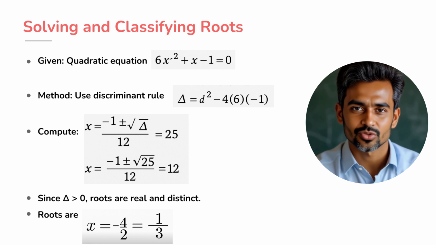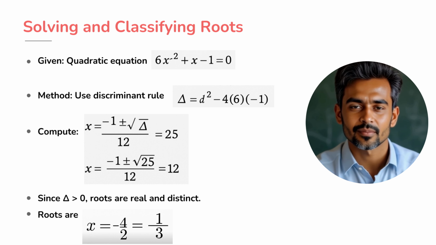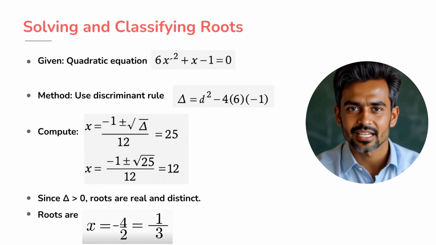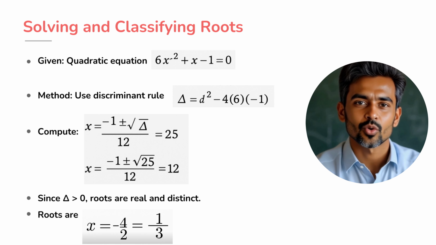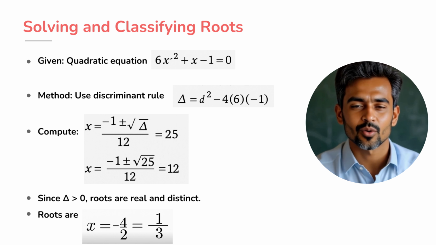Step 2. Use the quadratic formula. x = (-b ± √delta) / 2a. Substitute values. x = (-1 ± √25) / 12.